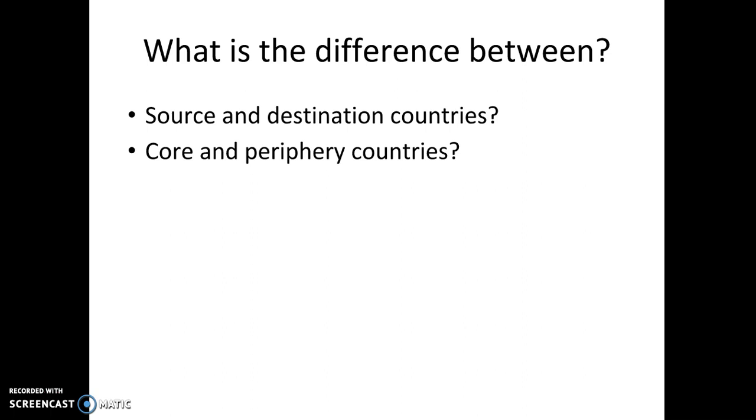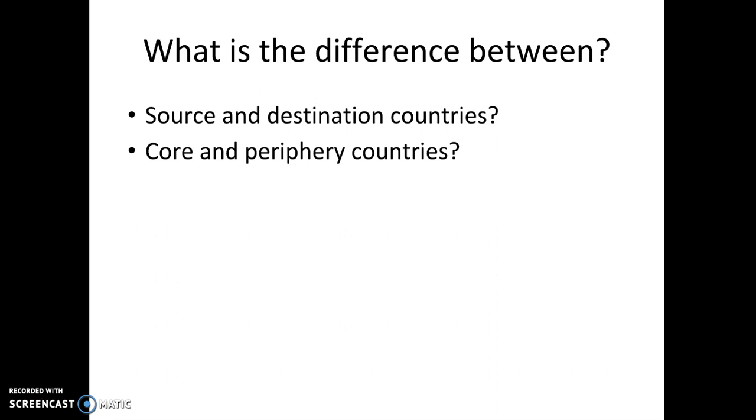Same thing, semi-periphery are stage 3 DCs, and core countries are stage 4 MDCs, and they tend to be destination countries. So periphery countries tend to migrate to the semi-periphery or to the core, whichever one is closest.